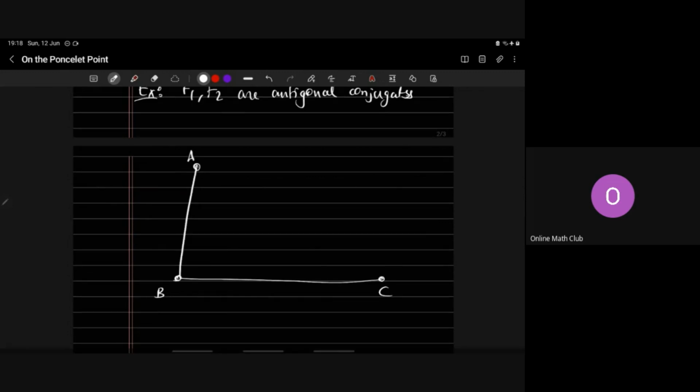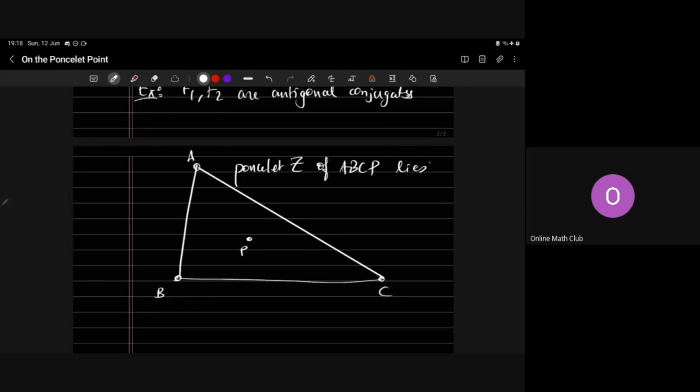Let's say we have triangle ABC and a point P. We will show that the Poncelet point Z of ABCP lies on the pedal circle of P. The pedal circle is the circle through the feet of perpendiculars.